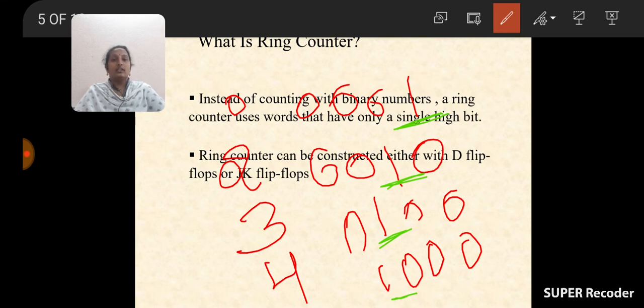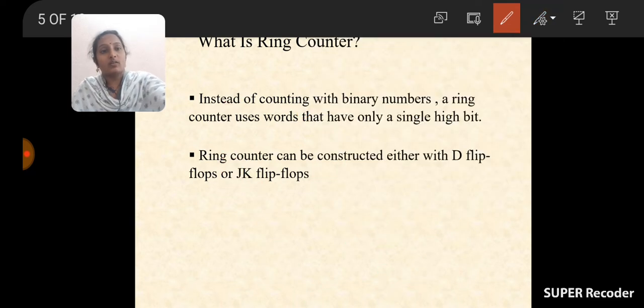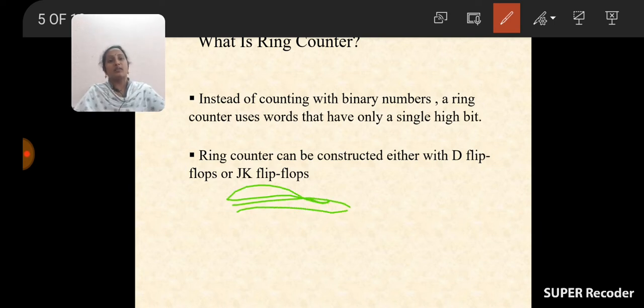The ring counter can be constructed with the help of either the D flip-flop or the JK flip-flop. One important point: the counters we have seen till now were constructed with only JK flip-flops. But ring counters can also be constructed with D flip-flops.